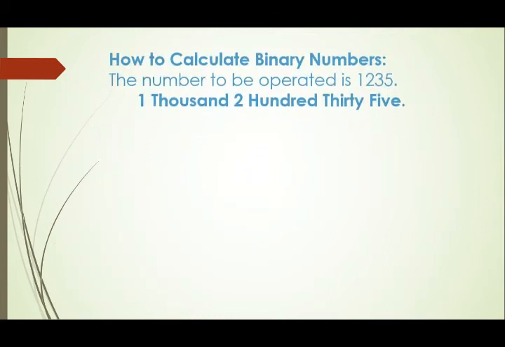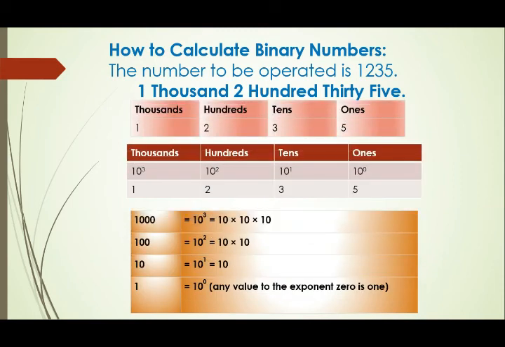Now how to calculate binary numbers? The number to be operated on is 1235, right? So here in decimal we call it 1235.